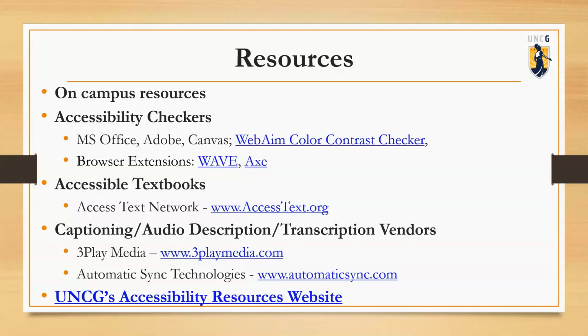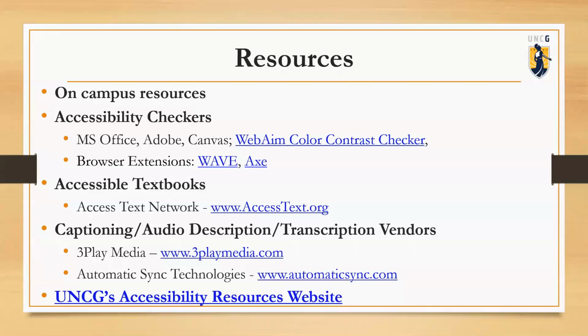I would first start with your Accessibility Services Office, your Disability Services Office, maybe your information or tech support area could be the area that you'd want to go to. Also your e-learning or online learning departments could be able to help you with some of these things.